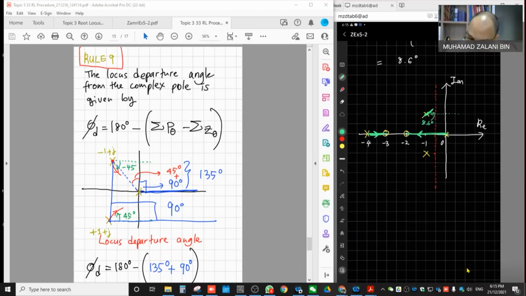Okay. And another angle of departure with respect to horizontal, that is -8.6. -8.6 angle of departure. So we know that this locus, the top locus, the locus of the top poles to 0.